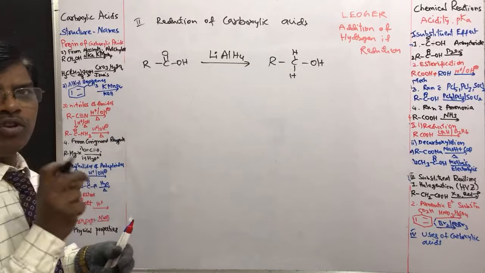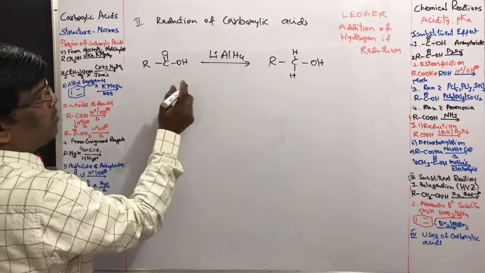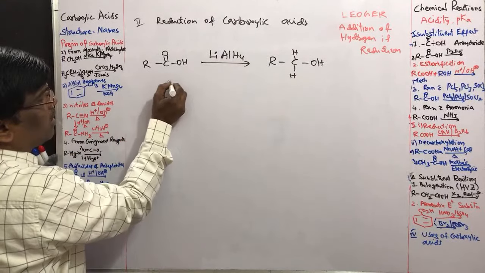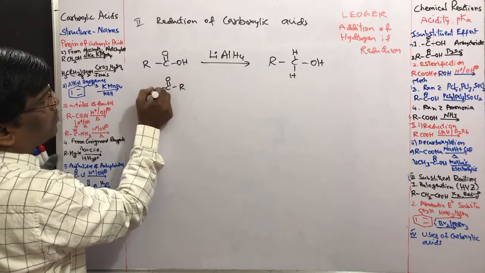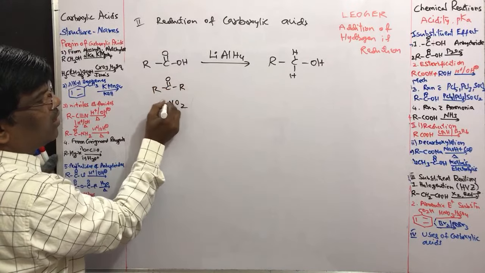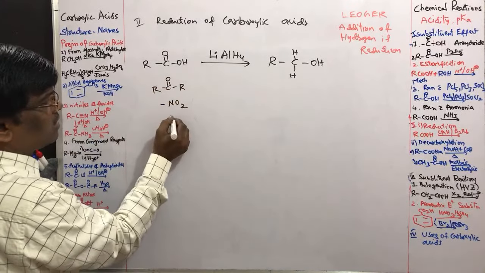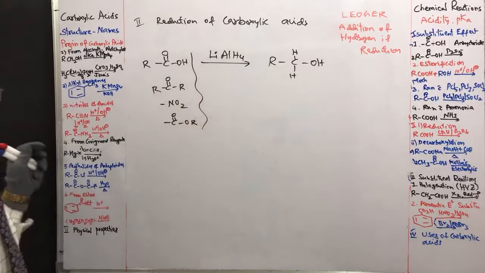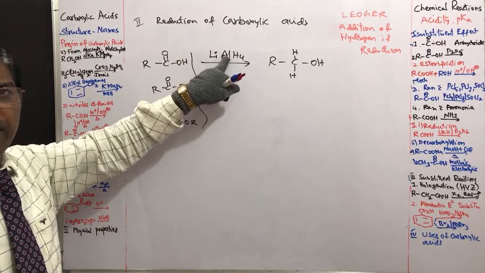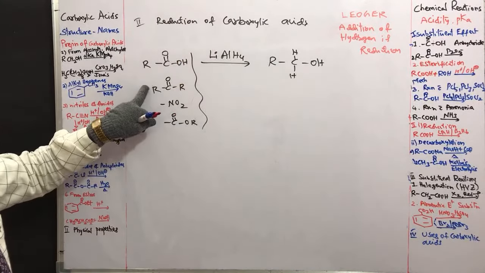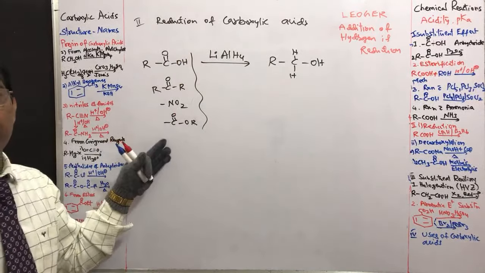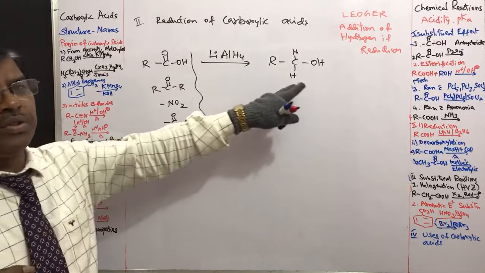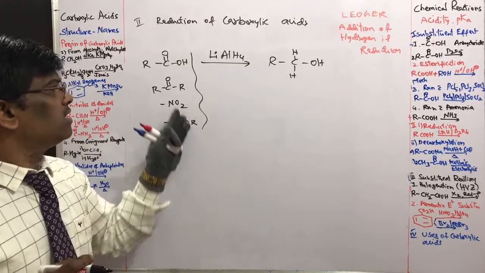When it comes to chemoselectivity, lithium aluminum hydride is going to reduce all types of compounds like carbonyl compounds, nitro to amine, and esters. So LAH is not a selective reducing agent. It will reduce ketones, aldehydes, nitro, and esters, and all these groups are reduced to alcohols or amines.